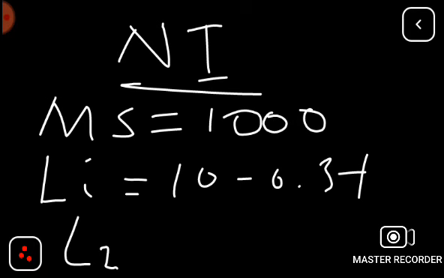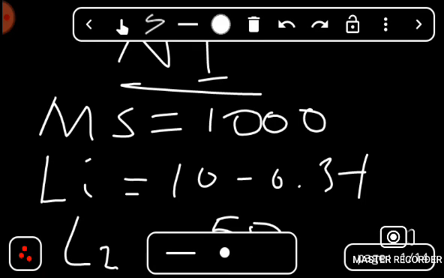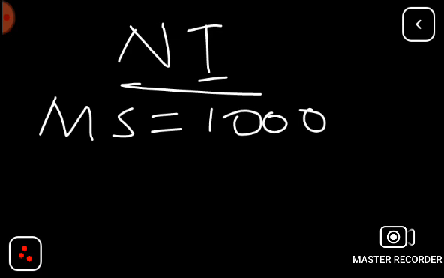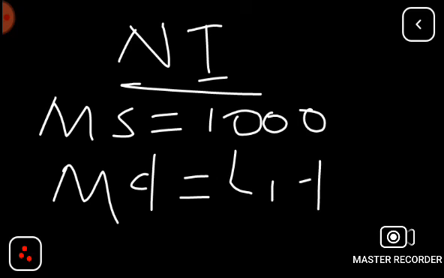Then L2 is, let's just say, 50 for practice sake. So what you're going to do is add this one and that one to have your MD. So according to that, we can say MD is equal to L1 plus L2.